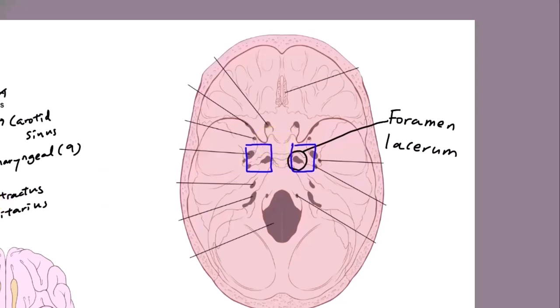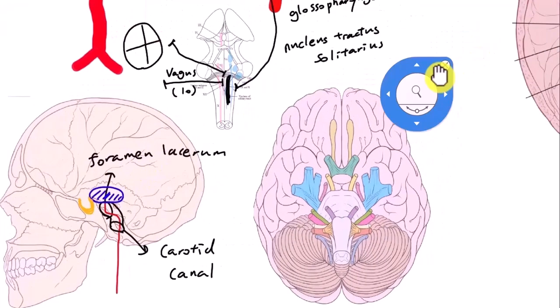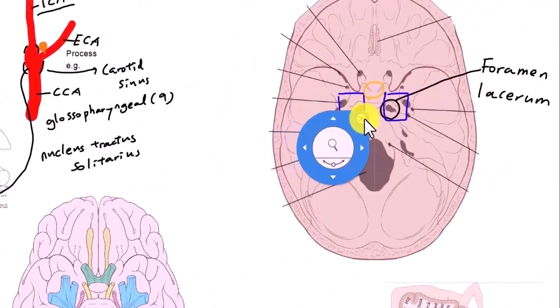Pituitary gland sits in this region called sella turcica. It's hard to see from this picture, but this place has a little indentation like here. So that's the sella turcica where the pituitary gland sits, and that region is over here.